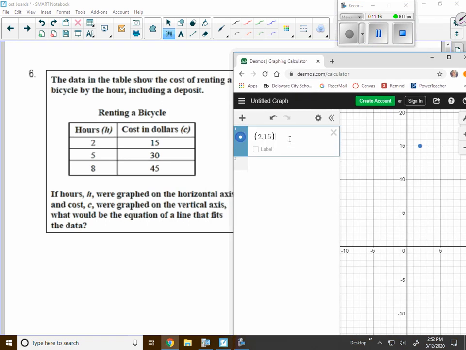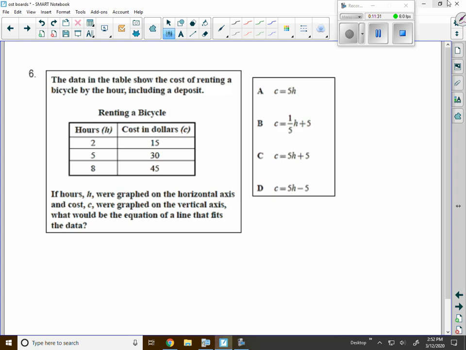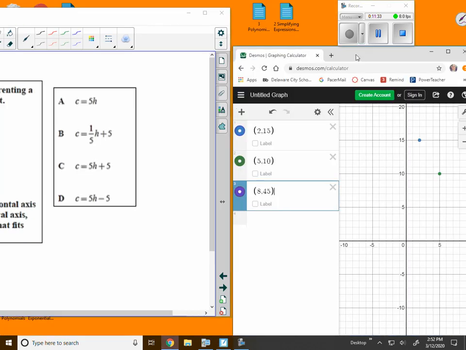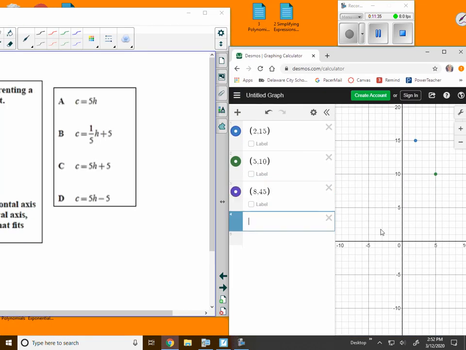So what I'm going to do is put each of these coordinate points, so 2, 15 is a coordinate point, 5, 30 is a coordinate point, and 8, 45 is a coordinate point. So I put those in, and then I'm going to type in each of my equations, but I do have to transfer these over to y and x instead of c and h.